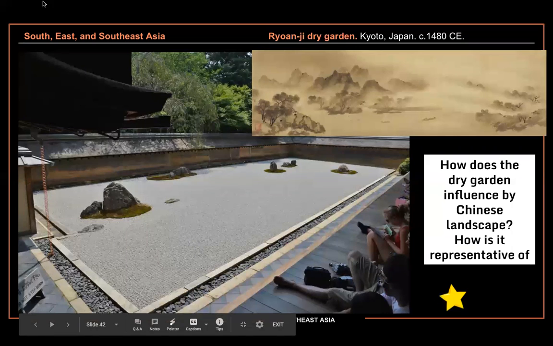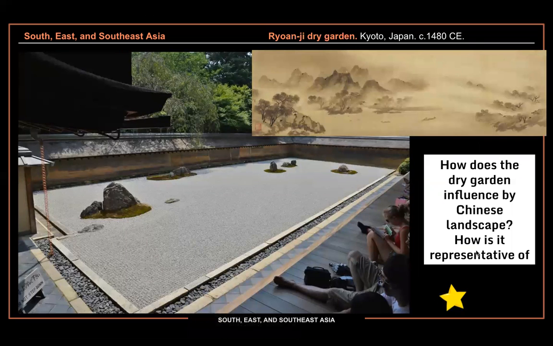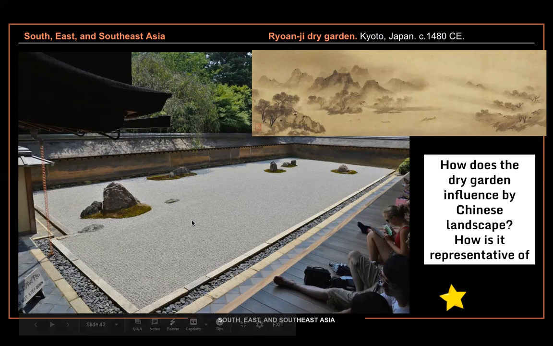Right? So it looks like part of this is missing. Sorry about that. It is basically based on mountains and water, right? Even though this isn't water, it looks like water, right? It's very austere, it's very simple.